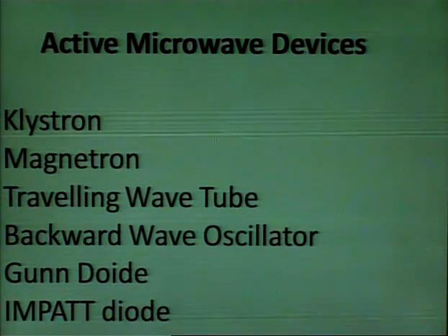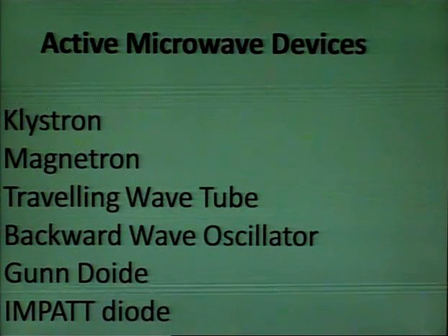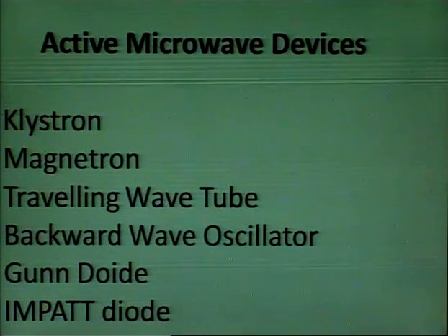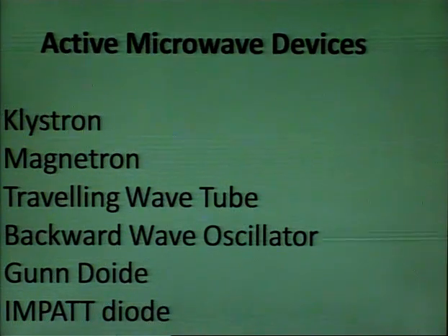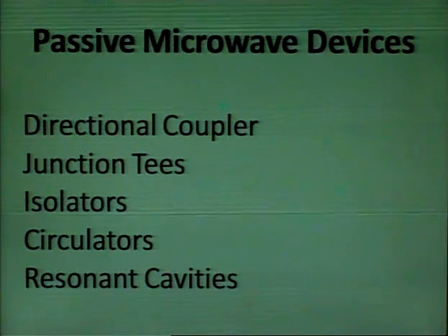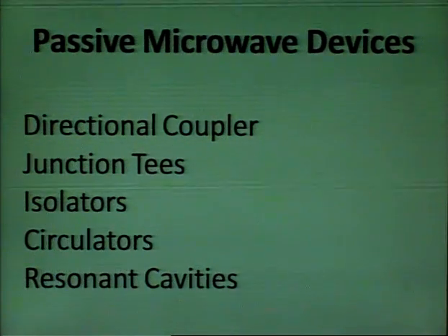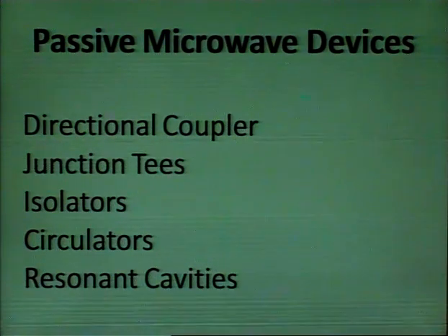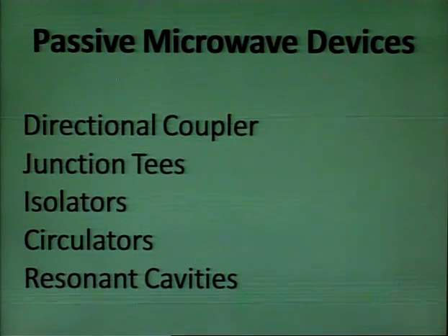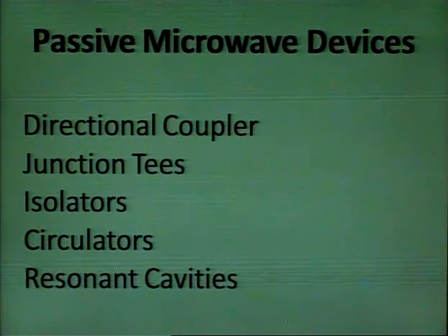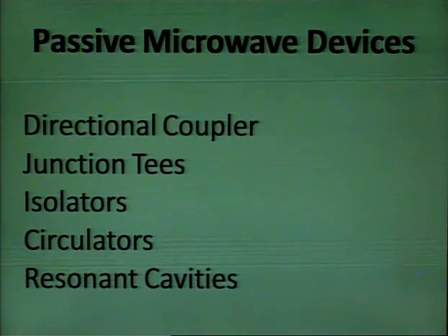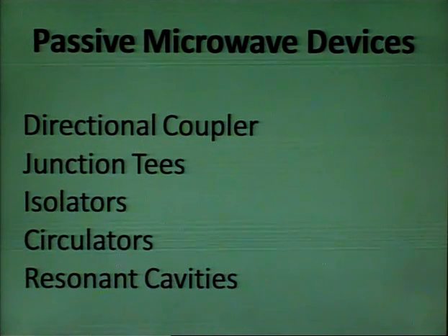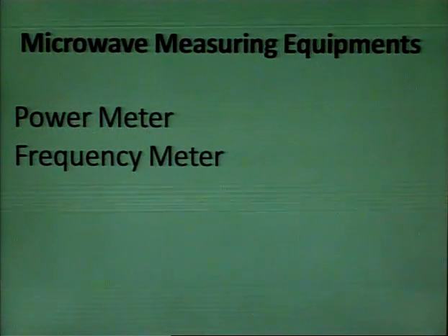These are called active microwave devices. Passive microwave devices are directional coupler, junction tees, isolators, circulators, resonant cavities. They do not have their own signal, they do not have gain as such, but they are helping devices which work with the active devices.